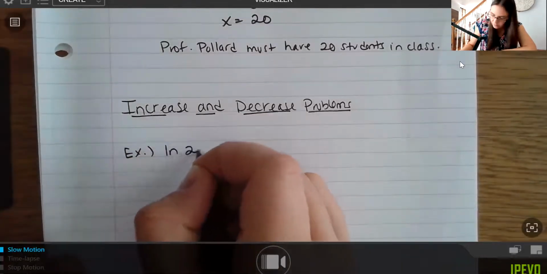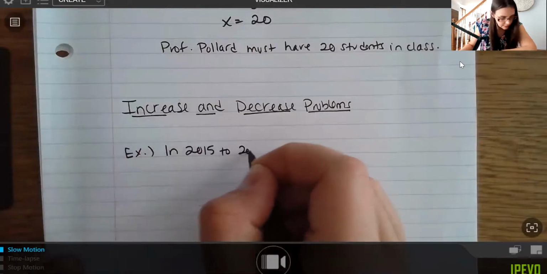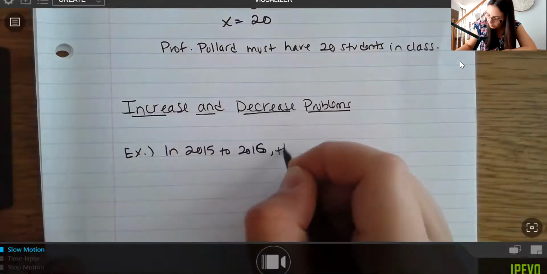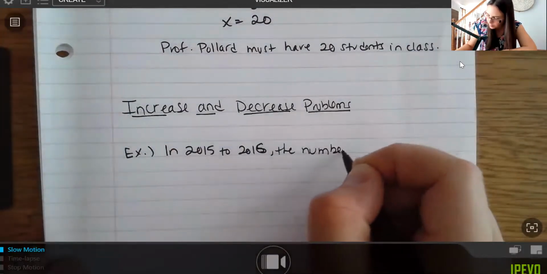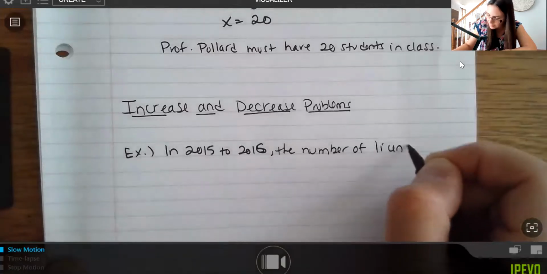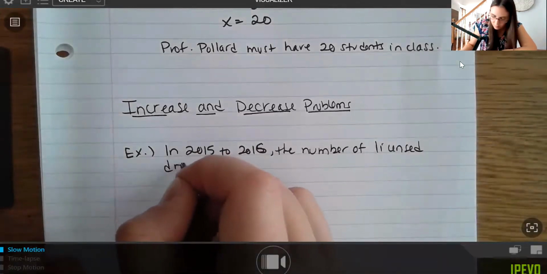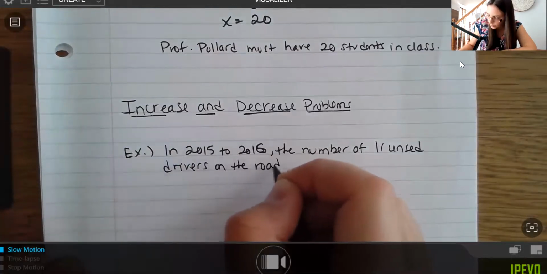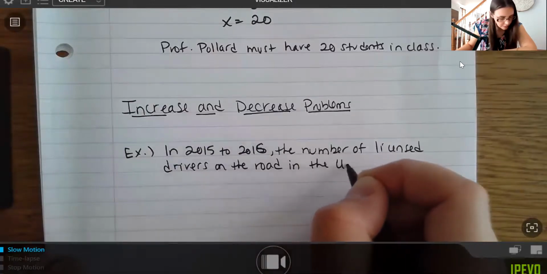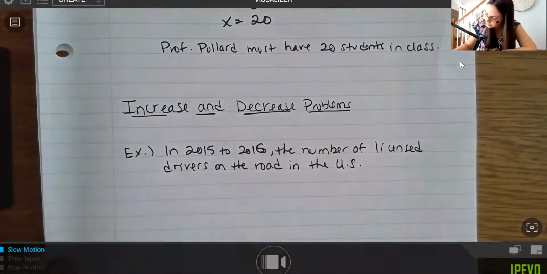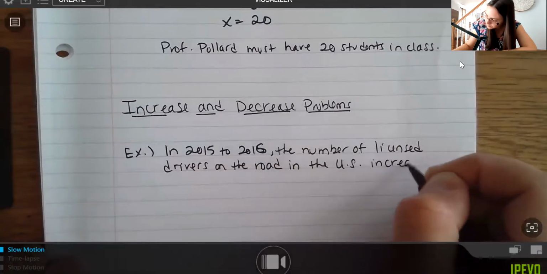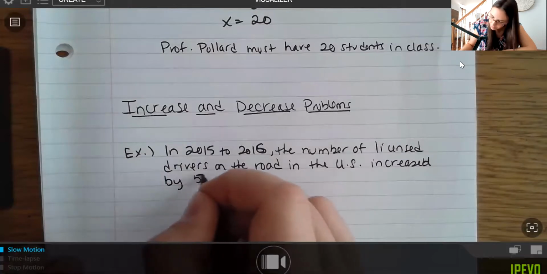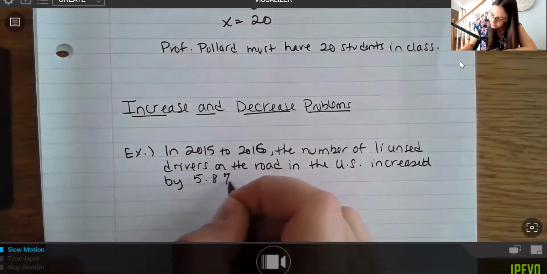So in 2015 to 2016, the number of licensed drivers on the road in the US increased by 5.8 percent.